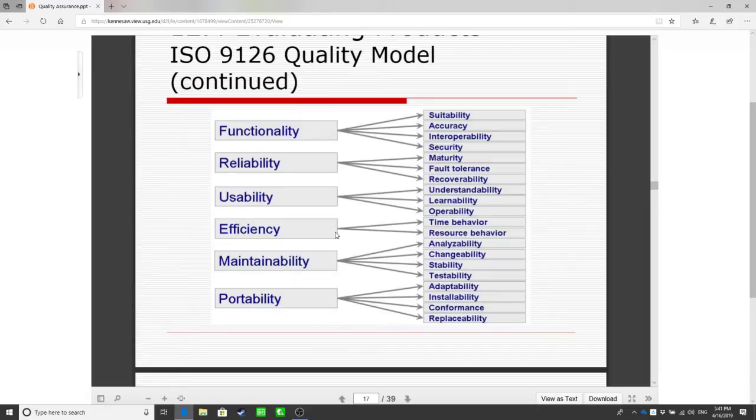If we want to measure functionality, in more detail we need to measure suitability, accuracy, and security. For reliability, it's maturity, fault tolerance, and recoverability. So everything has a clear map to the lower-level attributes, which makes it a better distinguished measurement.